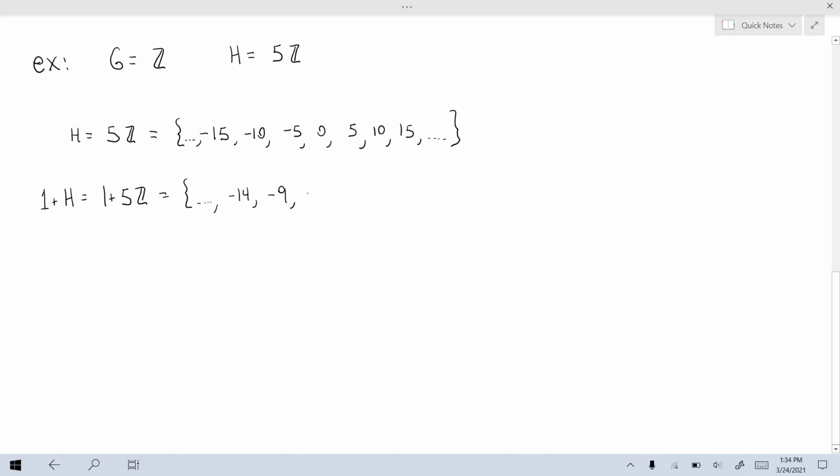All I'm doing is adding 1 to every element in H. So that would be one of the cosets of H.